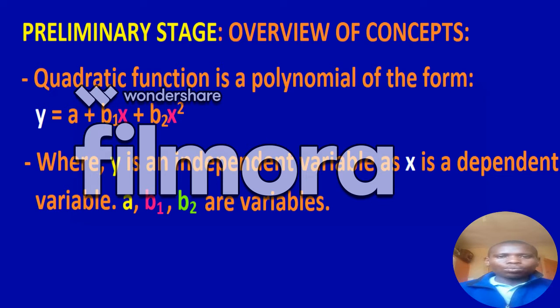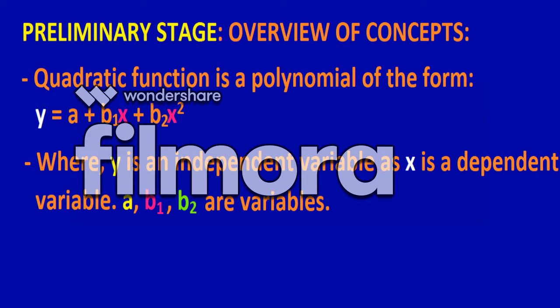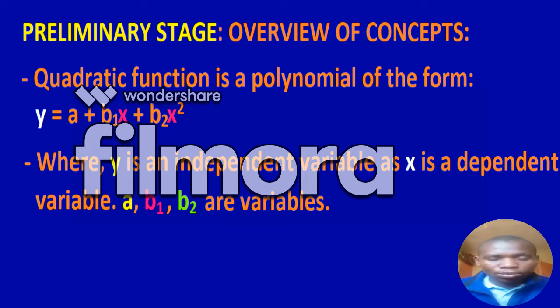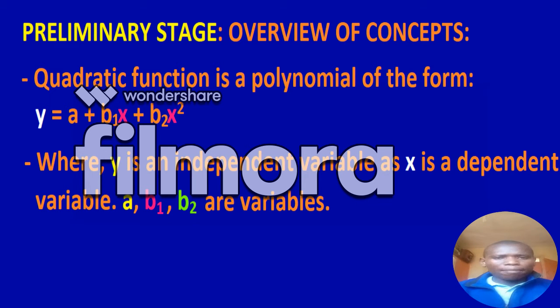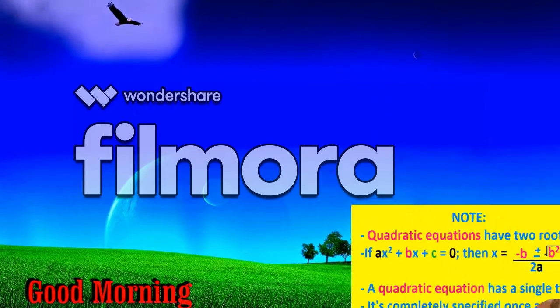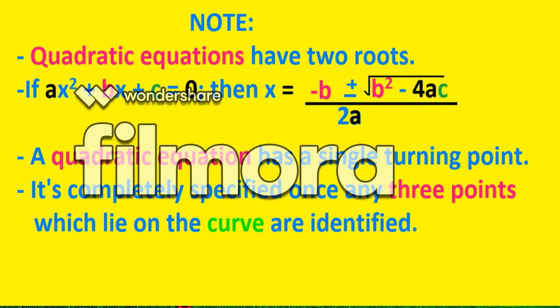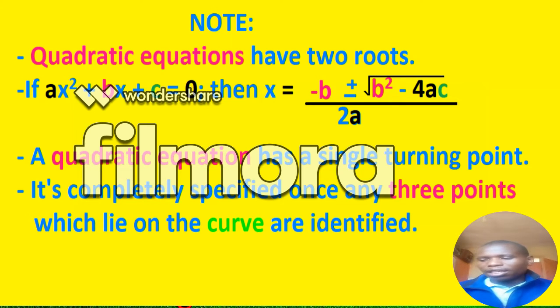Mathematically, the general form of a quadratic equation is y equals ax squared plus bx plus c, where c is the constant. Remember, if ax squared plus bx plus c equals 0, then x equals negative b plus or minus the square root of b squared minus 4ac, all over 2a.